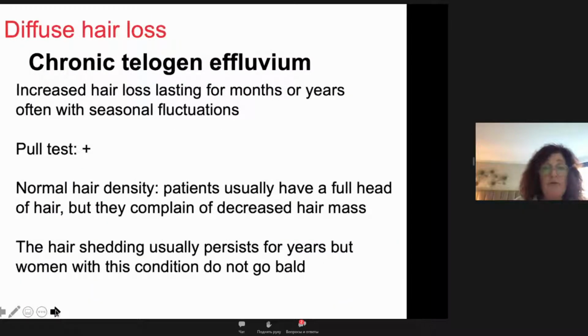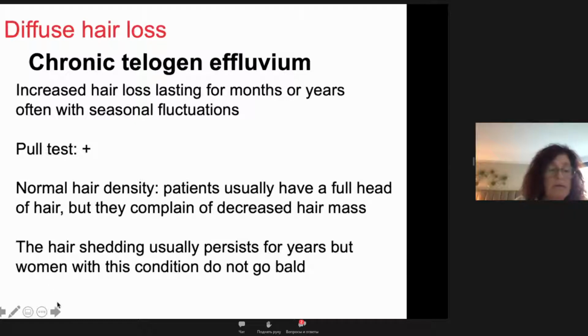Chronic telogen effluvium is characterized by excessive shedding lasting for months or years. So they usually have a positive pull test, but not a very positive pull test. They have a normal hair density. In reality, these patients usually look like patients with a lot of hair.